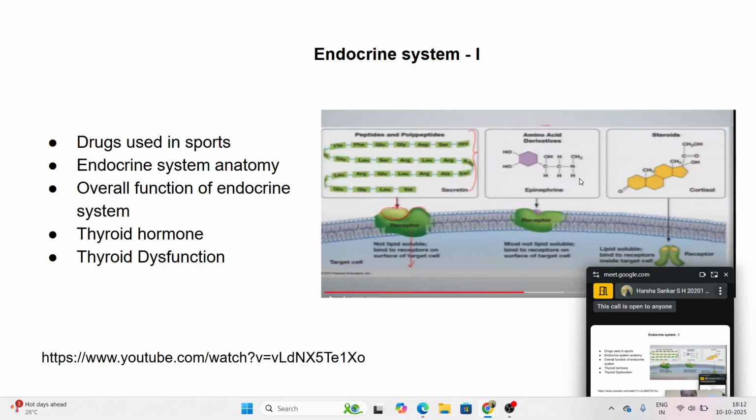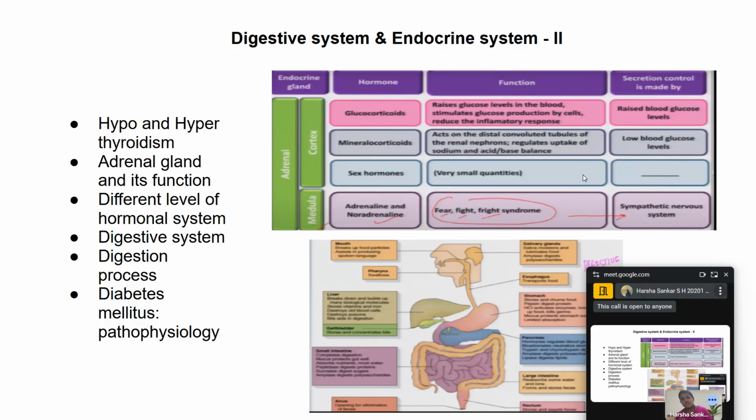In the anterior pituitary, there is thyroid stimulating hormone, and that will go and act upon the thyroid and tell the T4, T3 to release depending on the condition. T4 and T3 are constituted mainly by iodine, and if iodine is not there, that can lead to thyroid dysfunction, a condition known as goiter. So all this was discussed in the first class.